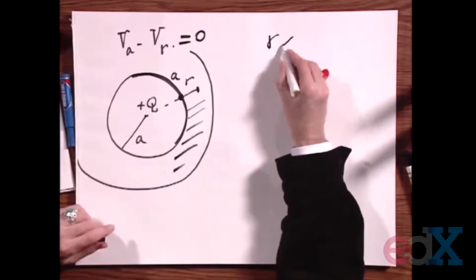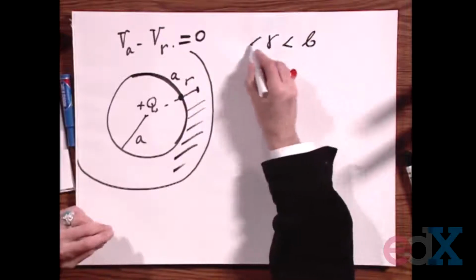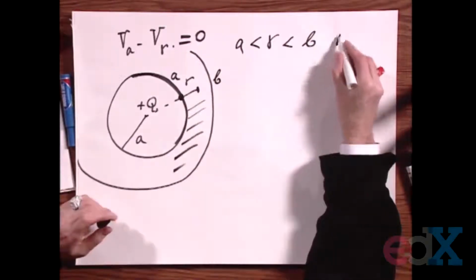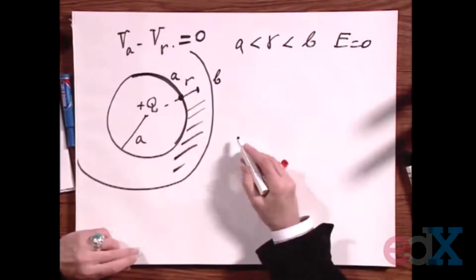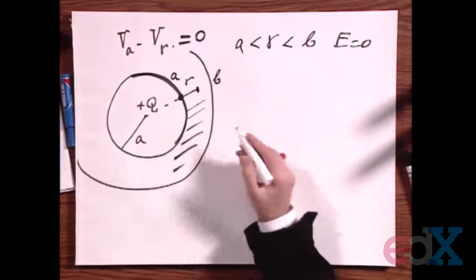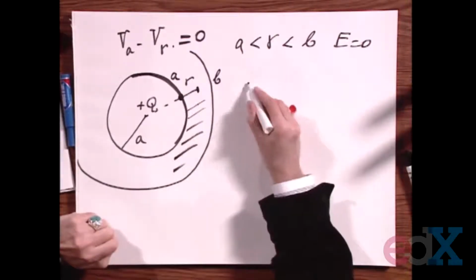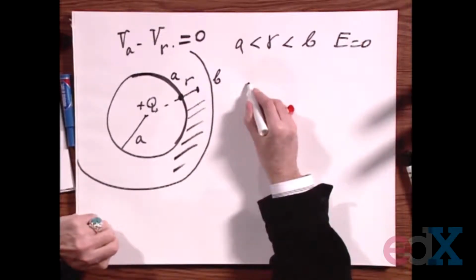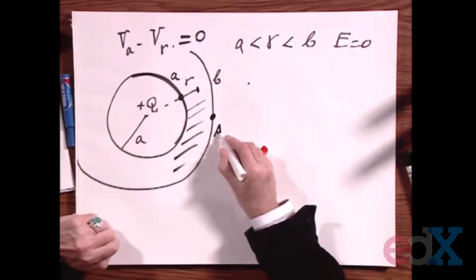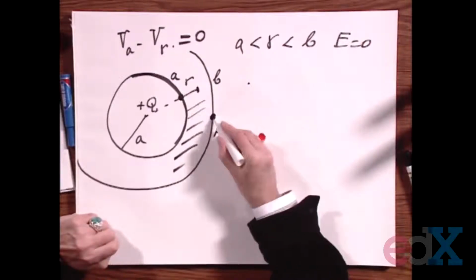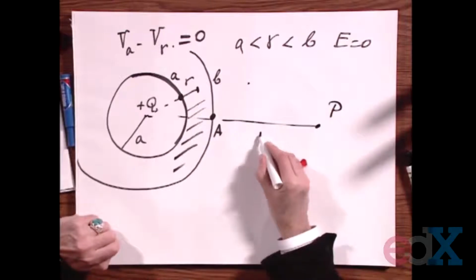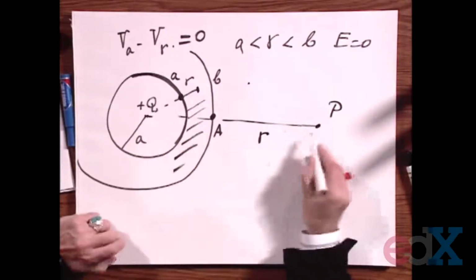What now is the situation when I am anywhere between A and B? Well, again, E then must be 0, because it's 0 everywhere in the metal. The metal is an equipotential. What now is the potential difference between a point, say here, I call this point A, at the surface B, and some point P, which is at a distance R from the center?